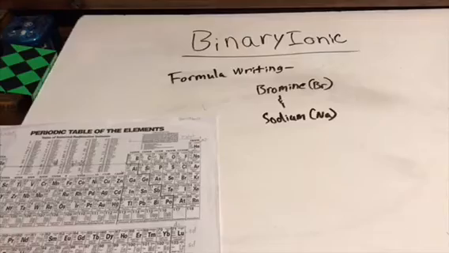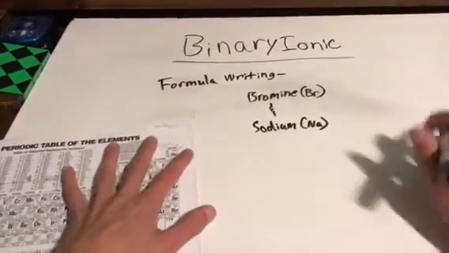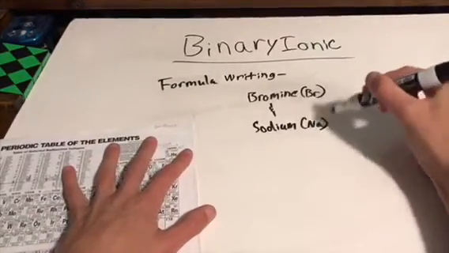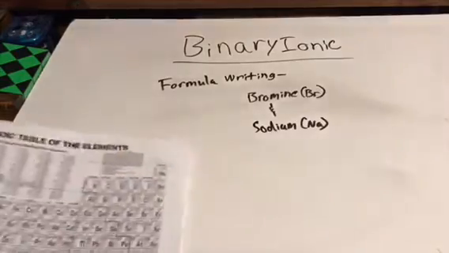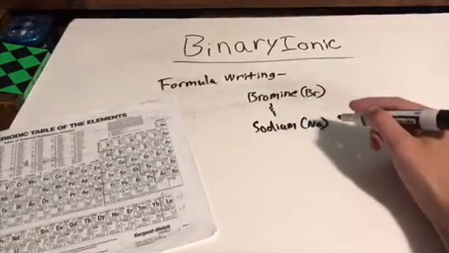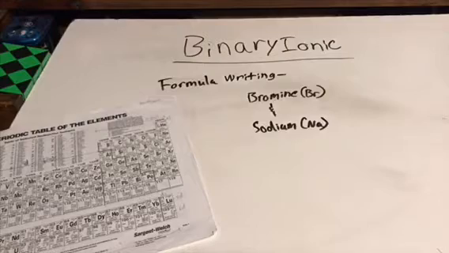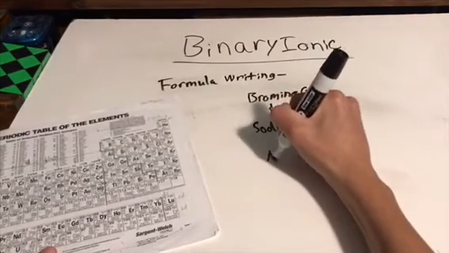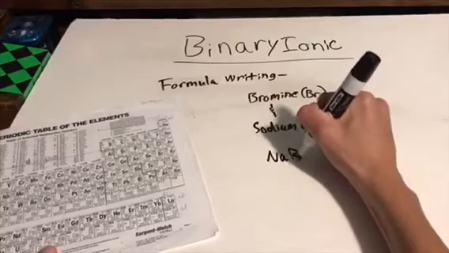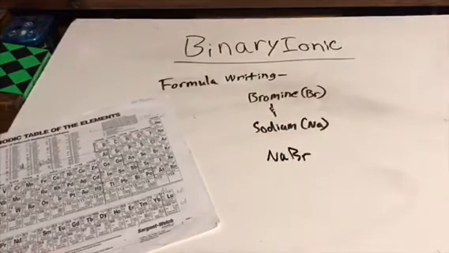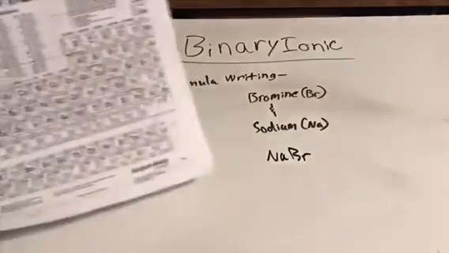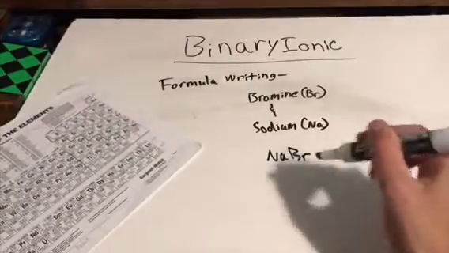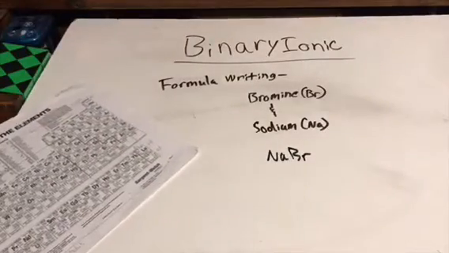For this first example, I'll be doing bromine and sodium, Br and Na. The first thing you do is write them in the order that they would be bonded. The metal always goes before the nonmetal, so it would be Na, Br to start. Then, using your periodic table, figure out what the charges would be for each of these in their most natural state.